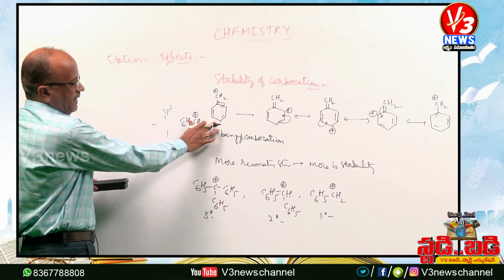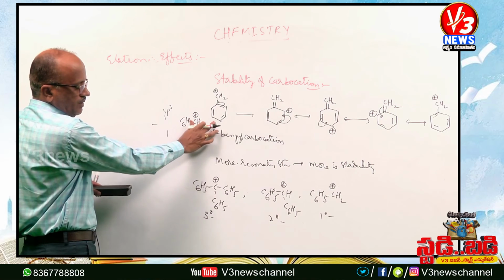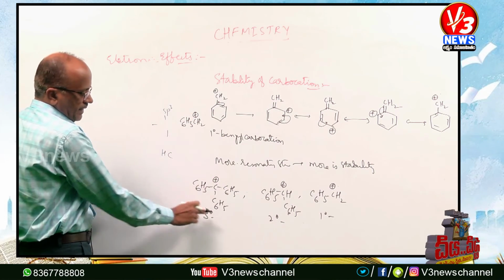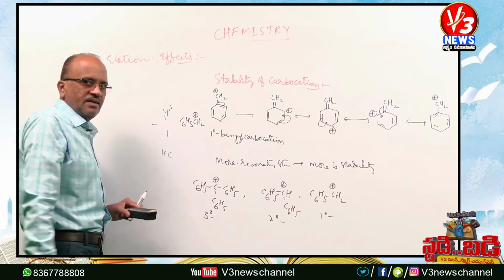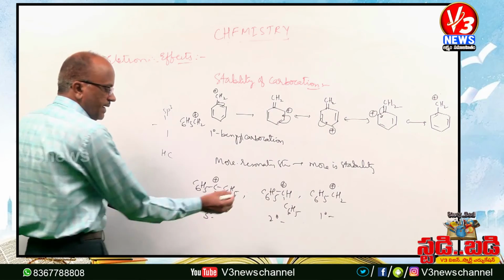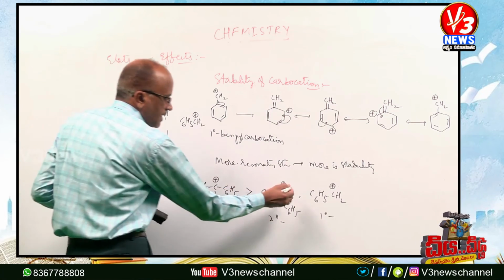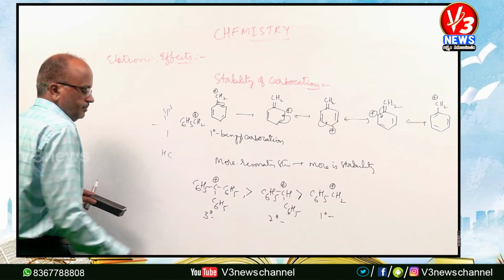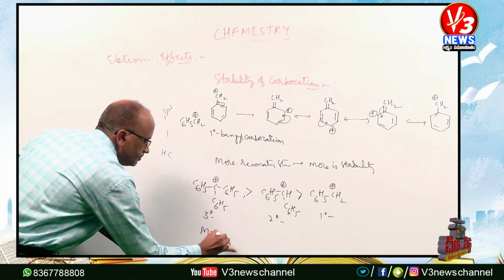So, here one ring, these electrons are involved in resonance. Similarly, here 3 rings, the pi electrons from all the 3 rings are involved in resonance. That is, this one has more resonating structures, so it is more stable than the secondary and primary. More resonance.